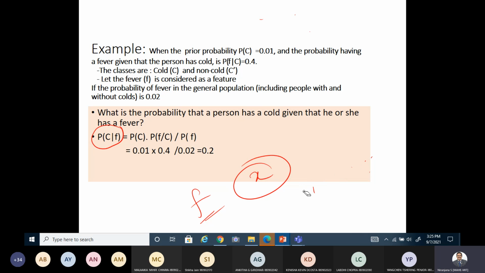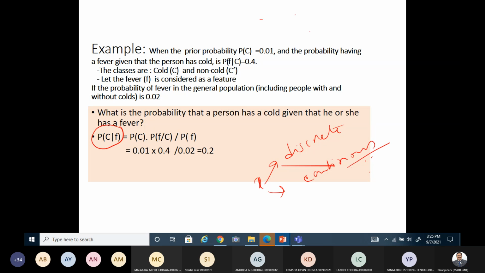This particular formula could be seen explained for x when it is discrete or when x is continuous. If you try to use a discrete variable here, can you guess what probability we will be going to use here? Class condition probability.